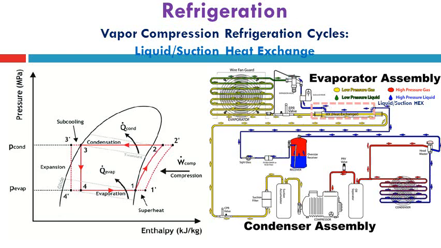Many problems have shown this during solving previous problems in this lecture, and also the major problem of the liquid suction heat exchanger for CO2, which we'll discuss in the next few slides.